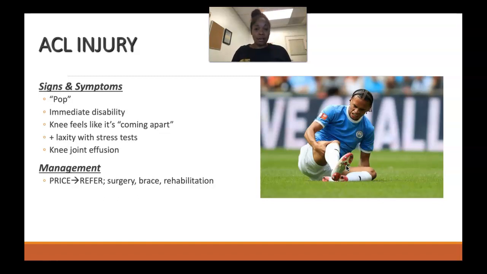Now, with that said, there are 2% of the population who live in what's called a Coper category. And so what that means is they rupture their ACL, but their quads and their hamstrings are extremely strong and they can function without an ACL. I said that's 2%, so a very small percent of the population. Most often, most of these young men and young women are going in for surgical intervention.